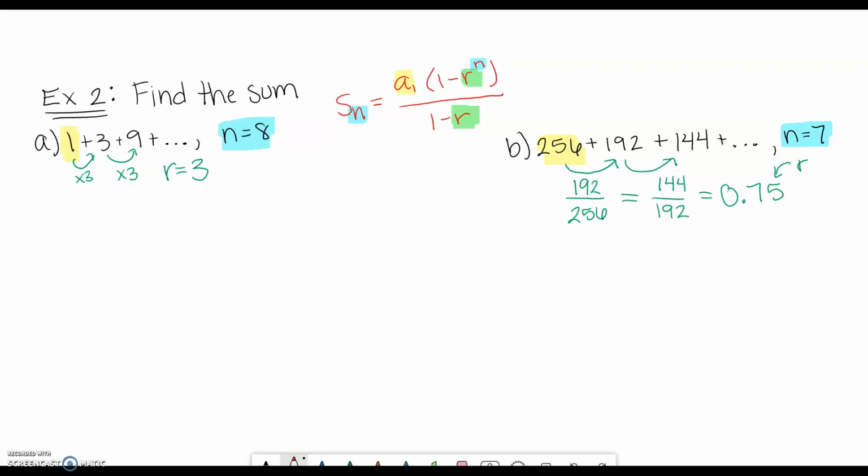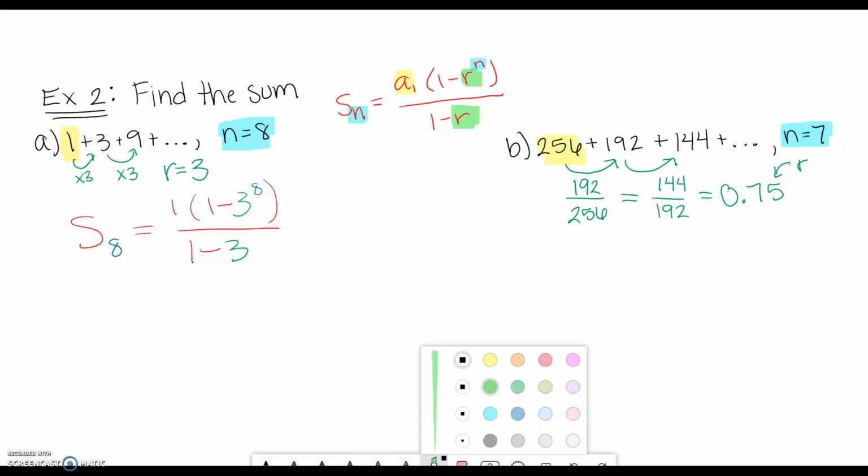We have the sum of 8 terms equals the first term, which is 1, times 1 minus the common ratio, which we said is 3, raised to the number of terms, which is 8, and then divided by 1 minus the common ratio. So again, this 1 came from there.